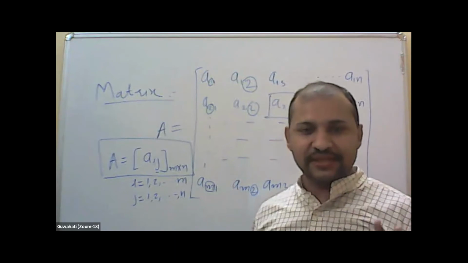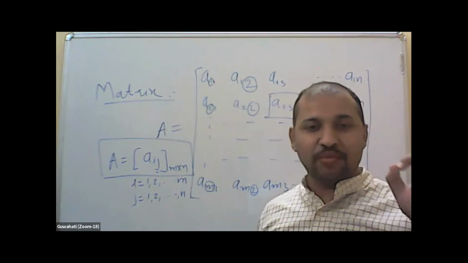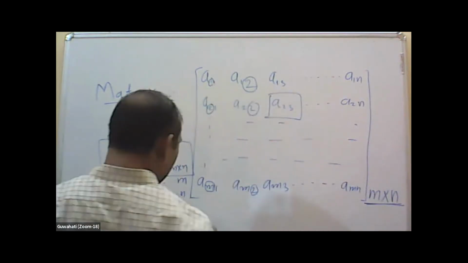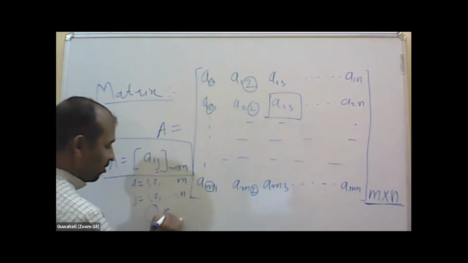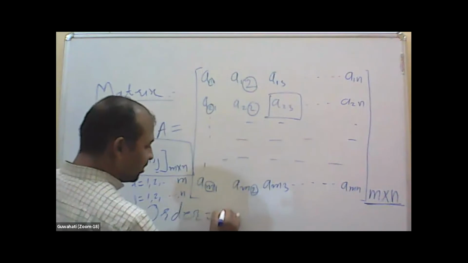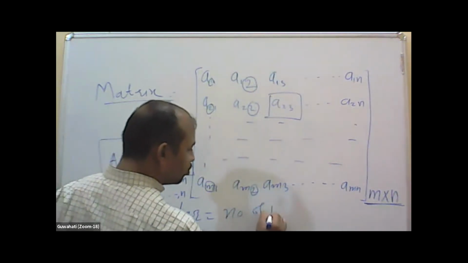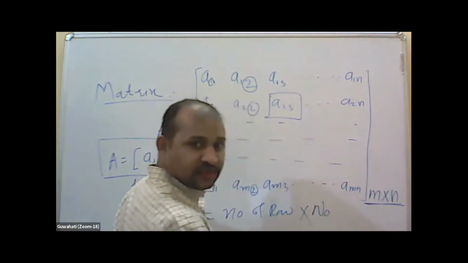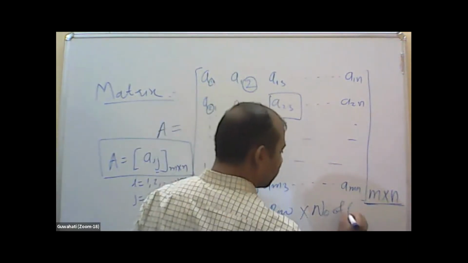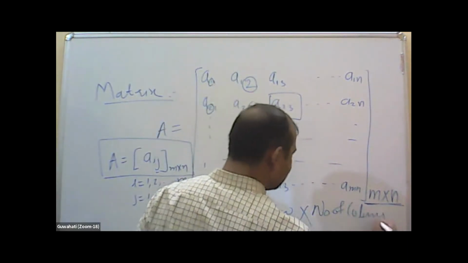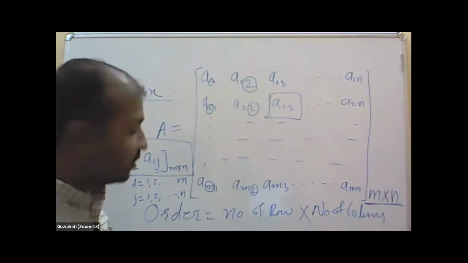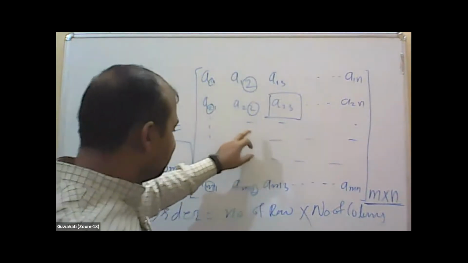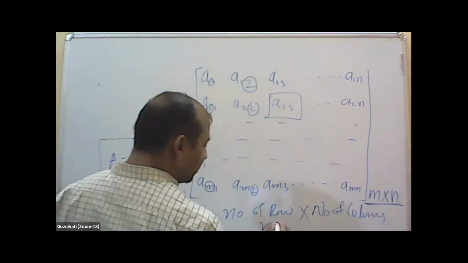The order of the matrix is nothing but the number of rows into the number of columns.